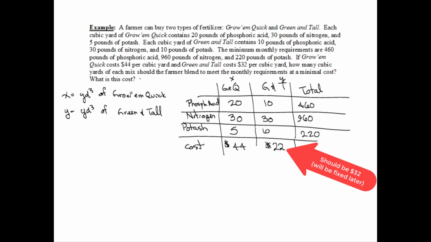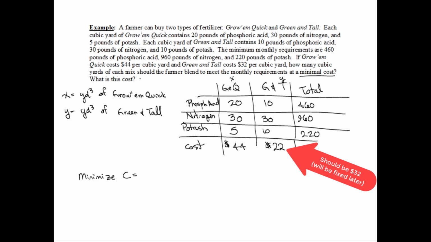Now we need to write our mathematical model. First, decide if you're minimizing or maximizing. Minimal cost. That means we are minimizing cost. So I'm going to call that C, and we need to write an equation for it. How much total money will we spend fertilizing our plants?